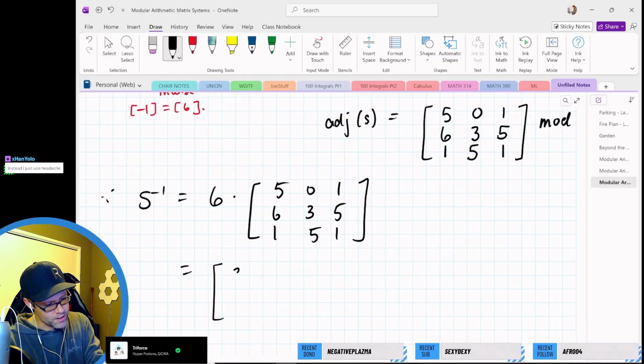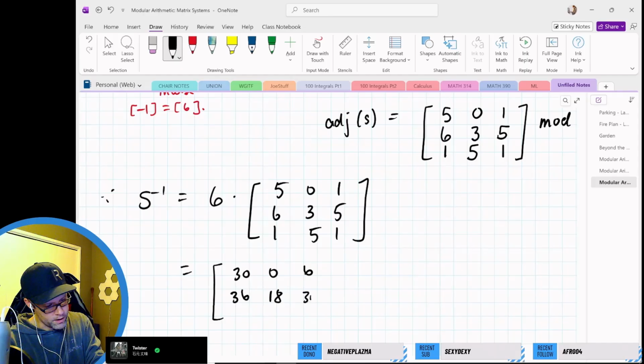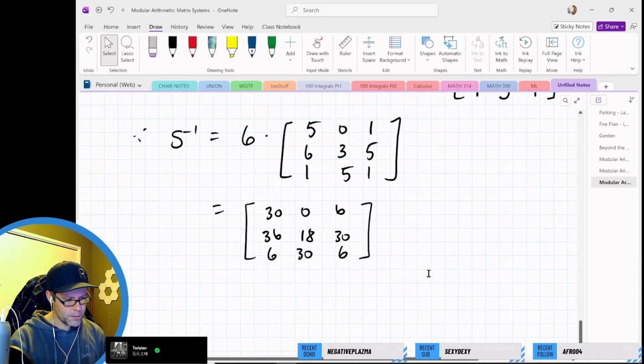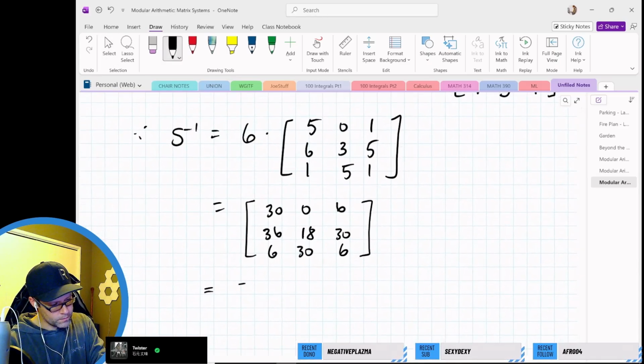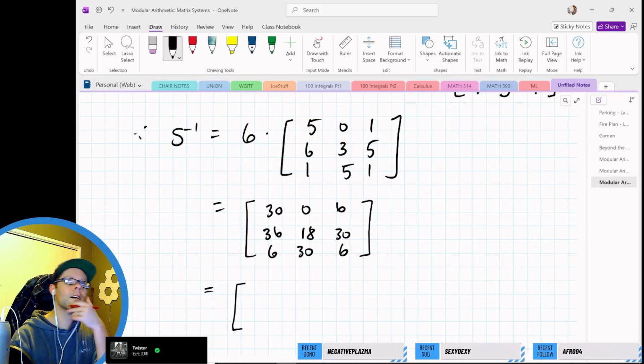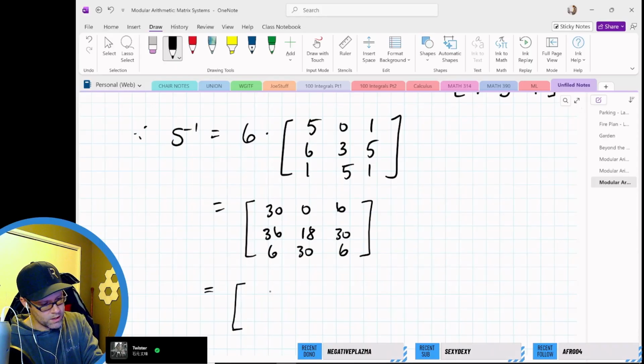So 6 times 5 is 30. 0, 6, 36. 18, 30, 6, 30, and 6. Go ahead and simplify mod 7. 21, 28. So this is going to be 2, 0, 6.